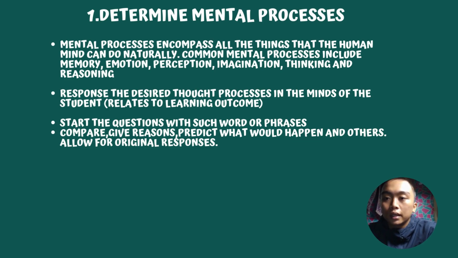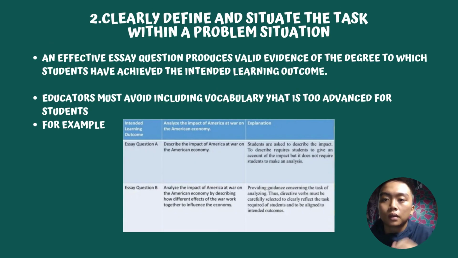This is the desired process in the minds of the students related to the learning outcome. Start the question with words or phrases such as compare, give reason, predict what would happen, and others that allow for original response.